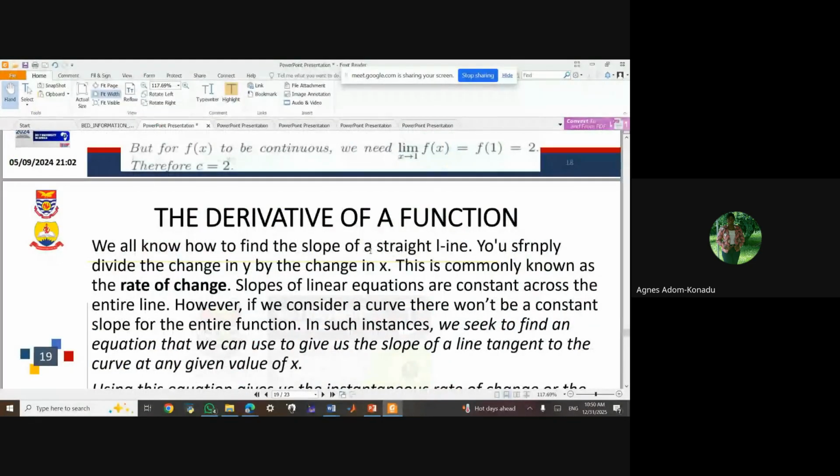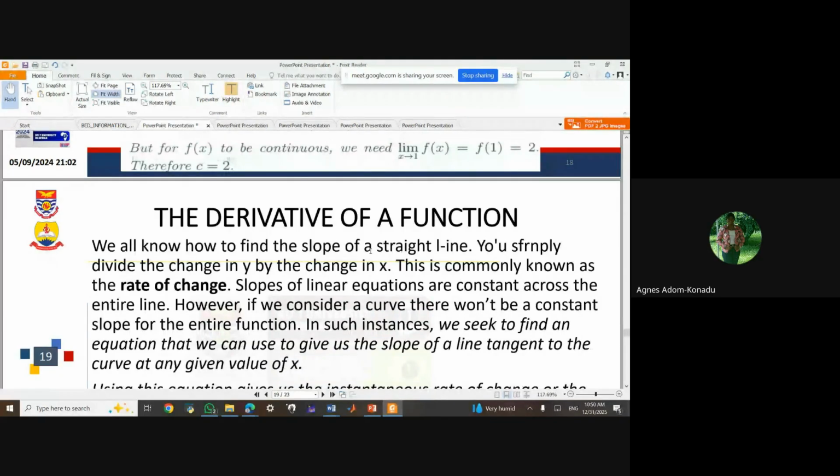Madam, please, if the graph is already drawn, what are the things we are supposed to inspect in order to conclude that the graph is continuous or otherwise?